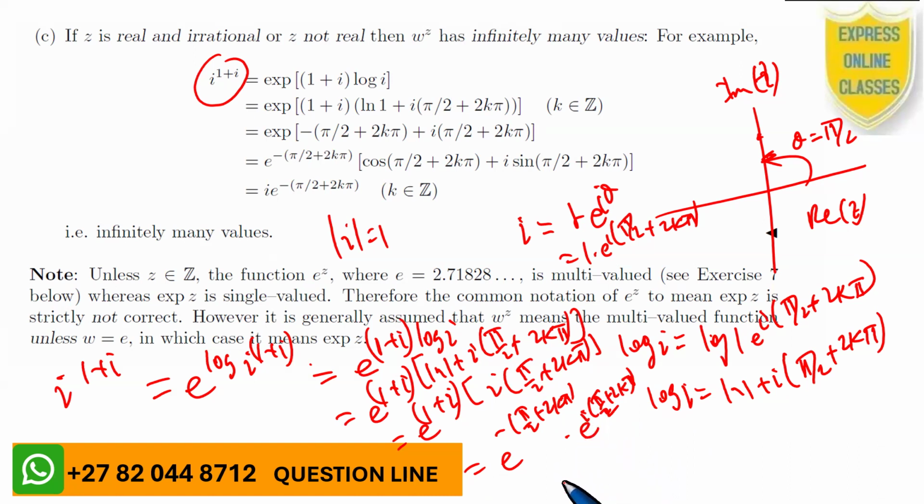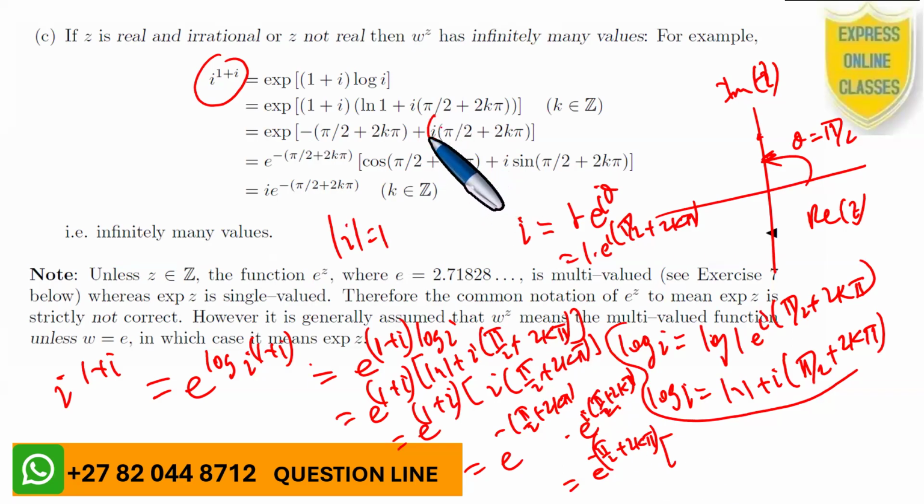All right, plus 2kπ. And then now you have these other things.